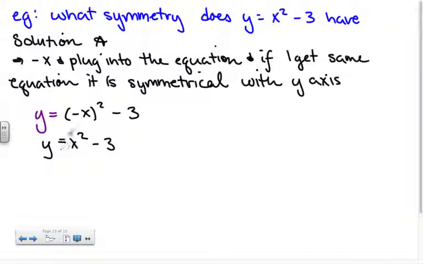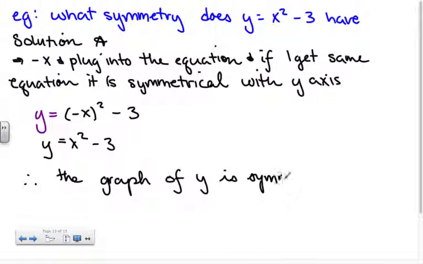So we end up with the same equation. Therefore, the graph of y is symmetrical with the y-axis.